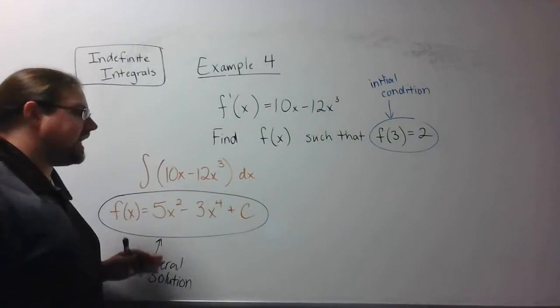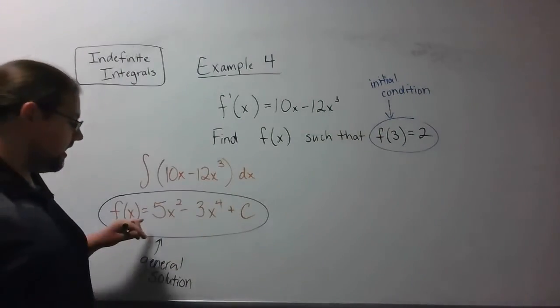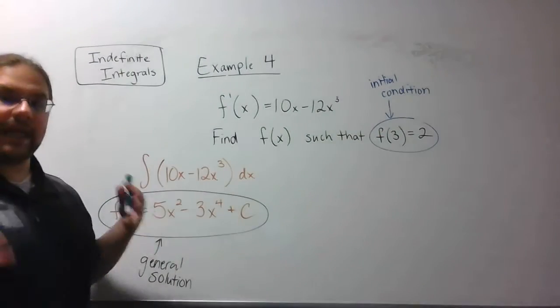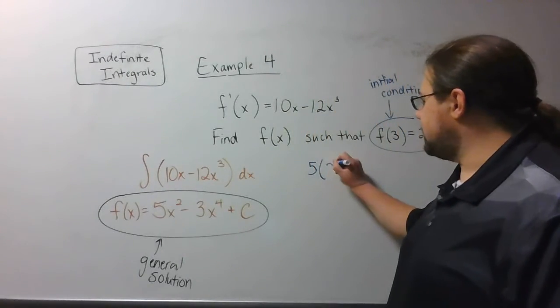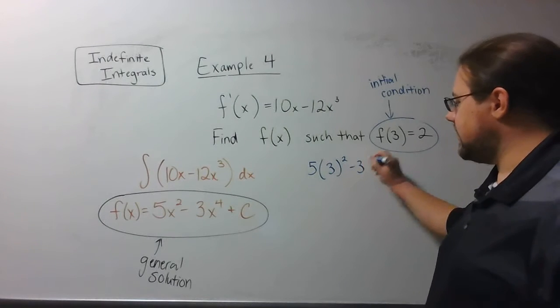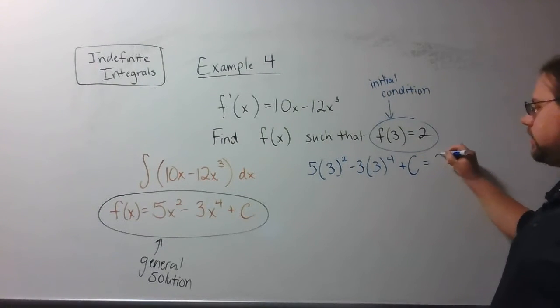So, in this case, I want f of 3 to equal 2. So what I'm going to do is plug in 3 and make sure it equals 2. Here we go. So 5 times 3 squared minus 3 times 3 to the 4th plus c equals 2.